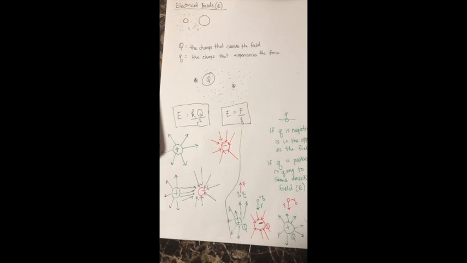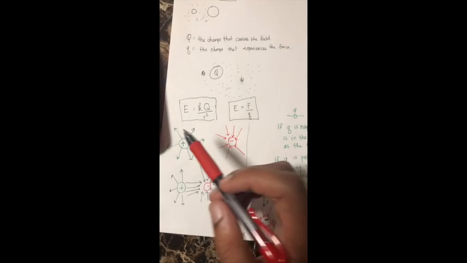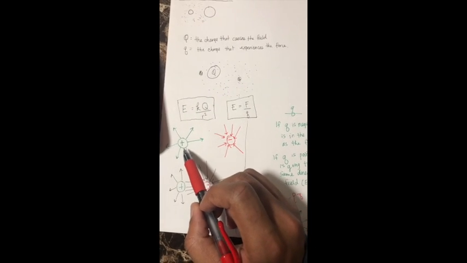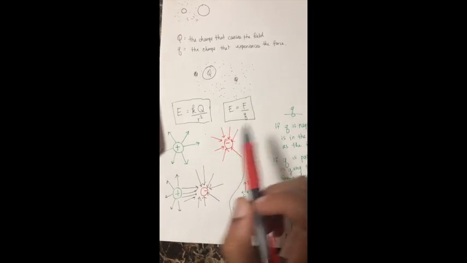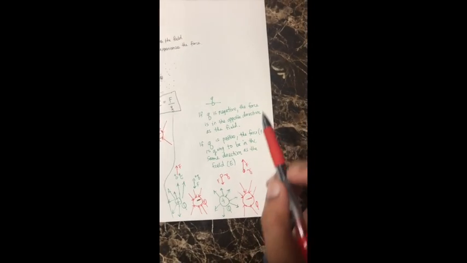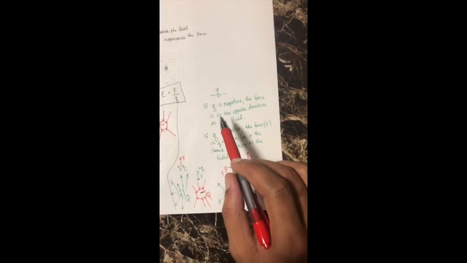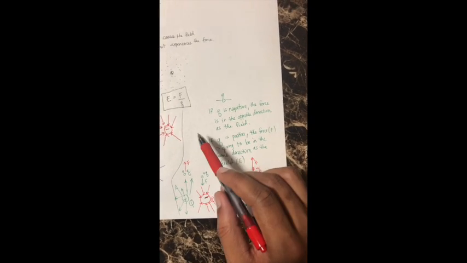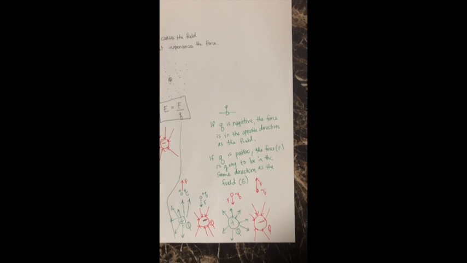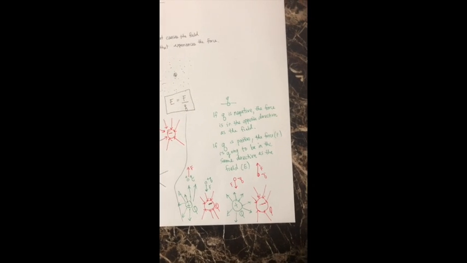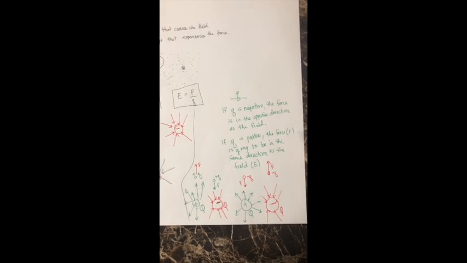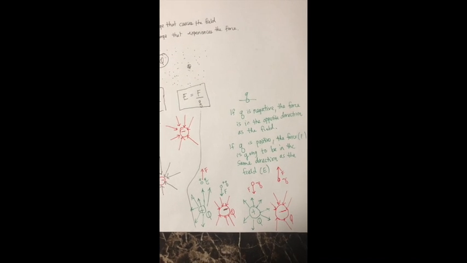When big Q is positive, the field points out. If big Q is negative, the field points in. And then if little q is negative, the force is the opposite direction as the field. And when little q is positive, the force is the same direction as the field.